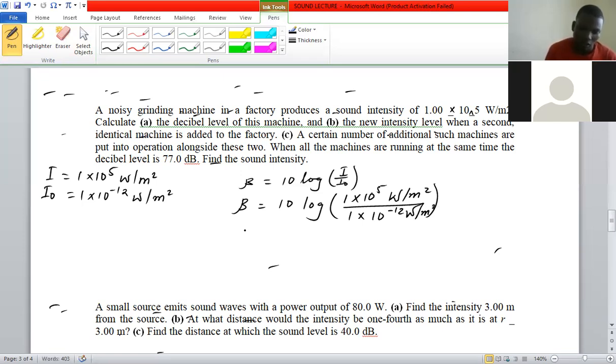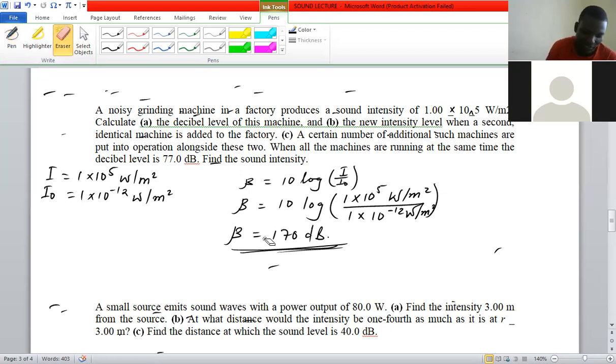So what is the decibel level for this machine? I got 170. Okay, so 170 decibels. I hope you calculated correctly. So that's how you calculate the decibel level.